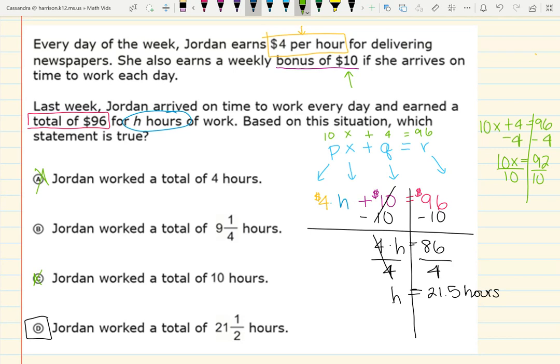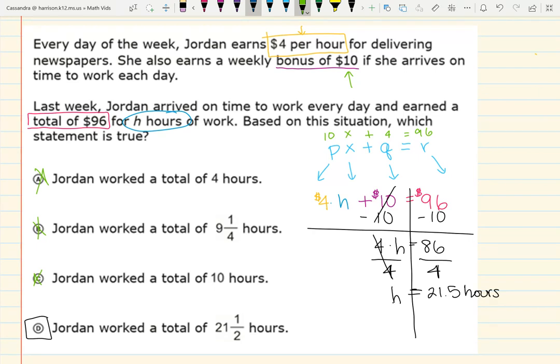And whenever you divide by 10, you're just moving the decimal place. So that's 9.2, which is very close to 9.25, which is 9 1/4. So yeah, if you were to accidentally flip the 10 and the 4, thinking the 10 was happening every hour and the 4 was a one-time fee, you would probably select B, but we wouldn't do that.